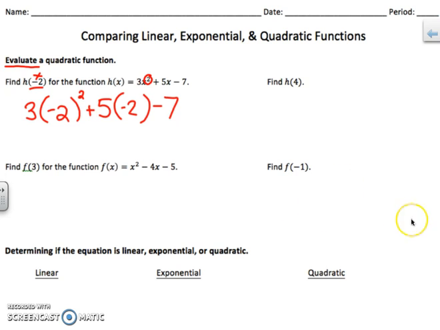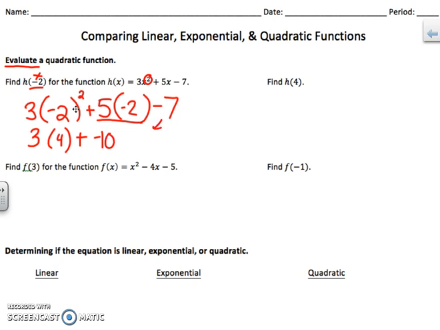Okay, now again, you can type this in the calculator just how it looks, or we can kind of do some mental math. So -2 squared just means do -2 times itself. So -2 times -2, which is a +4. Okay, so I'm going to bring that down. We can go ahead and do 5 times -2, which is a -10.